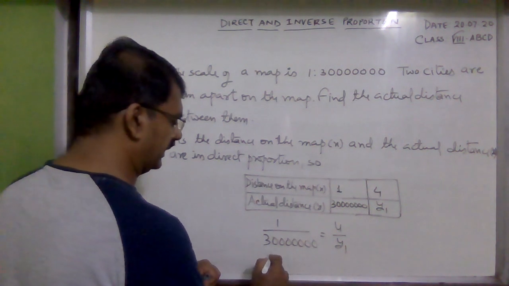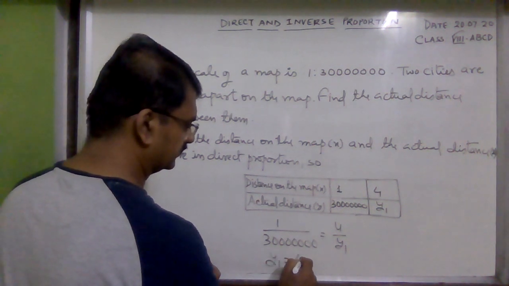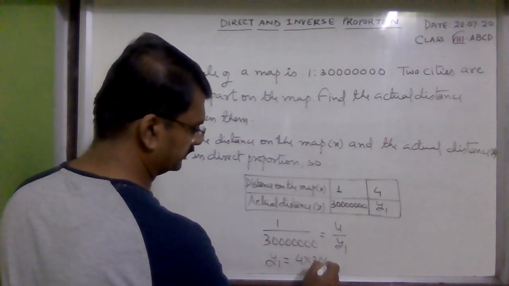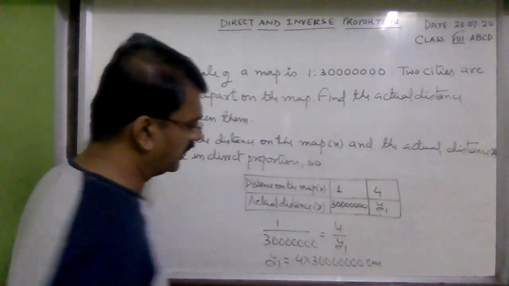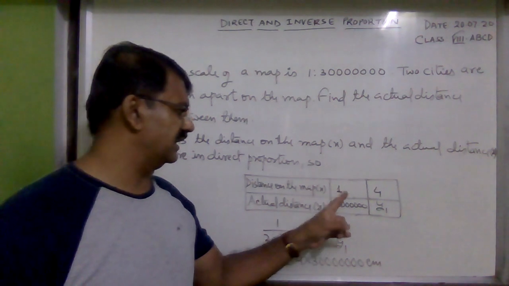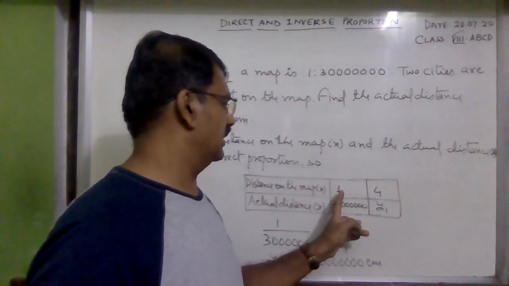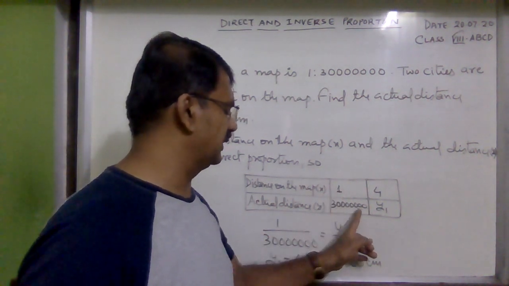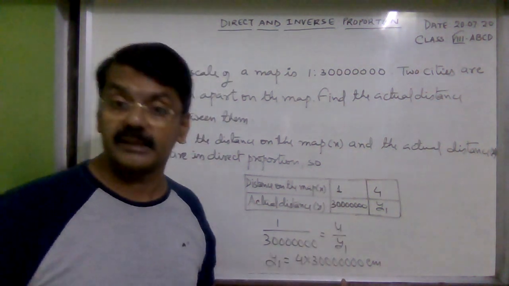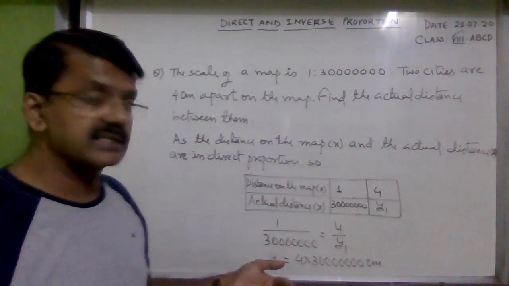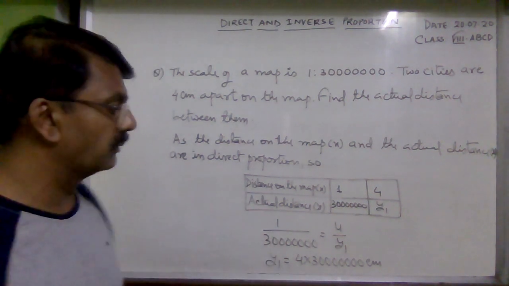if you cross multiply, but this answer, as this 1:3 crore is in centimeters, so this answer is also in centimeters. So this distance in centimeters we will convert into kilometers.